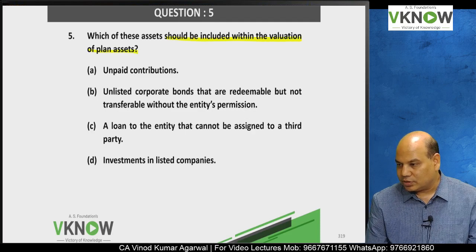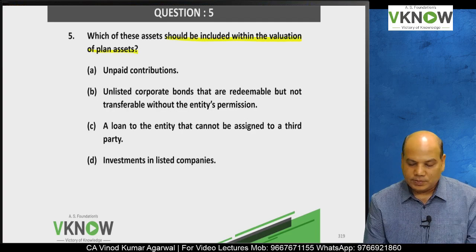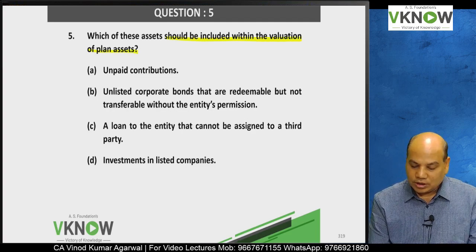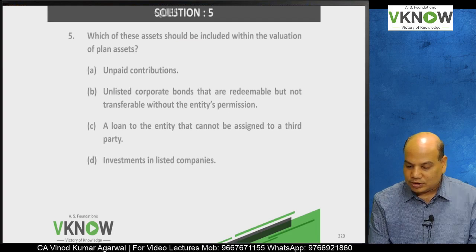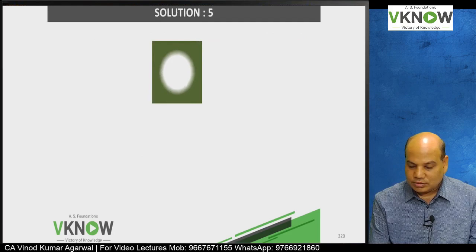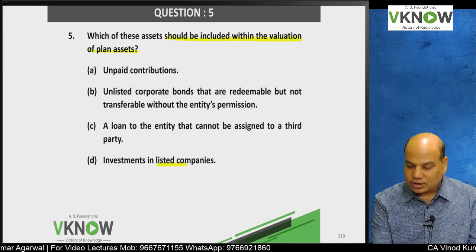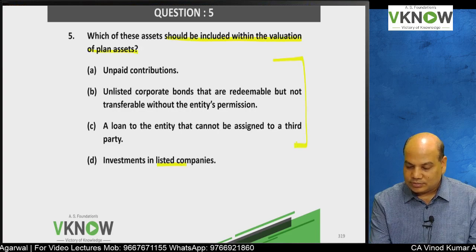Which of these assets should be included in the valuation of the plan asset? Usually this question is not asked in the exam, but what is the answer? The answer, for this you tick mark, will be option D, valuation of listed security, because others are uncertain.